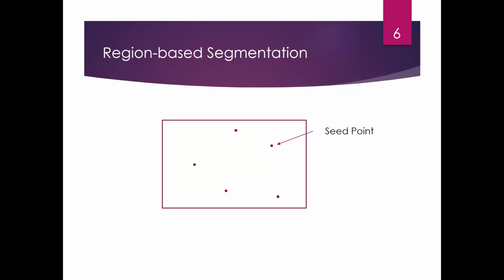Now, region growing segmentation, in which we have to select seed points. There can be n seed points, as you can see in this figure, where we have selected 5 seed points.